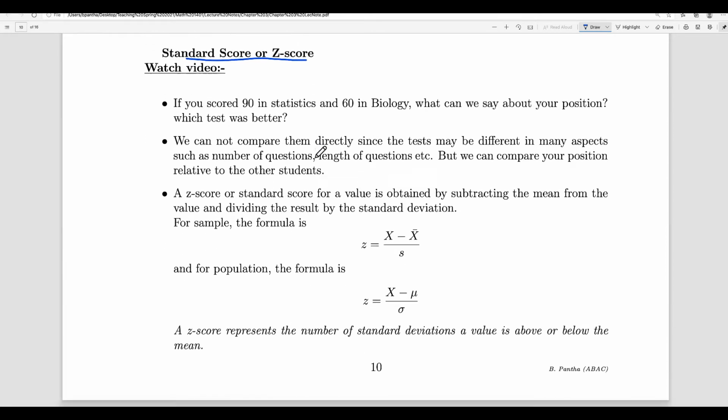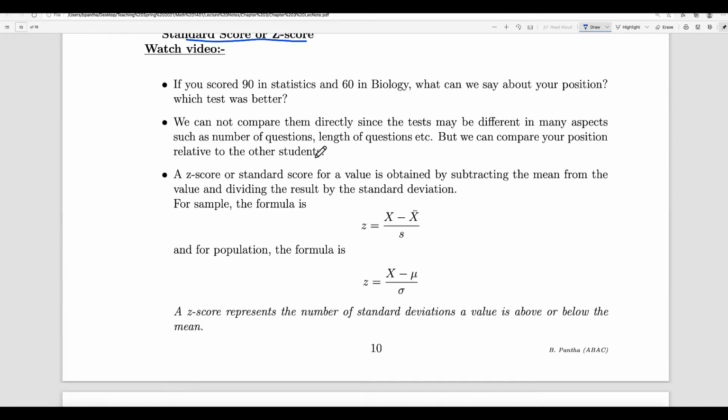For example, if you score 90 in statistics and 60 in biology, what can you say about your position in that class? Which test do you think is better? You may think that 90 is definitely bigger than 60 out of 100, so maybe it is better. But we never know, because we want to see your relative position, meaning what is the class average?